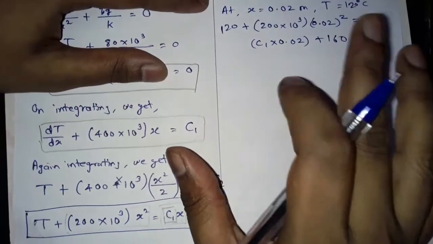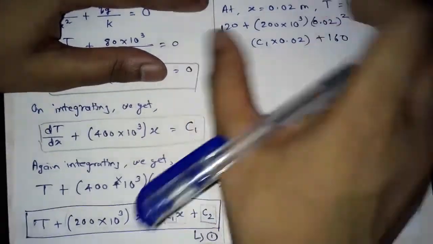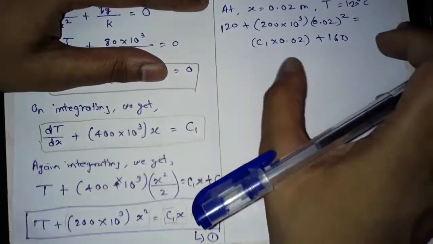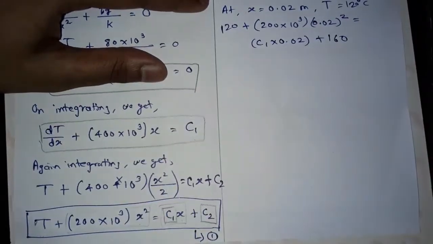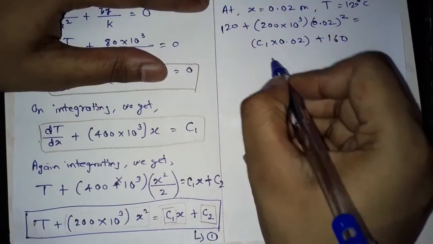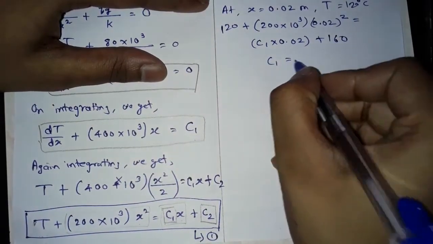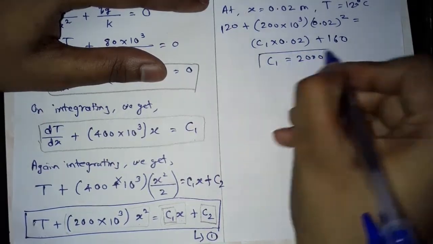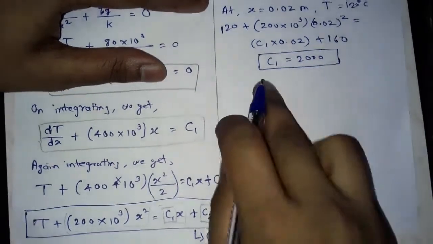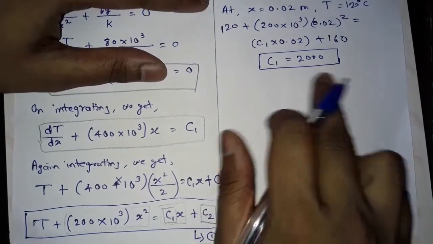We have put all the values. Now let's simplify this whole equation. After simplifying, friends, we will get C1 is equal to 2000.